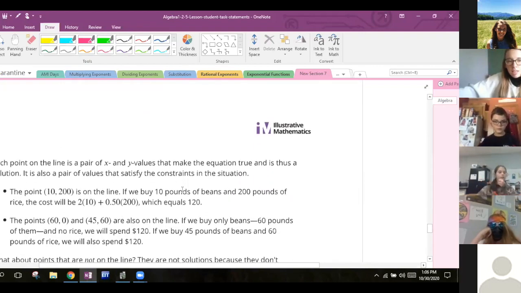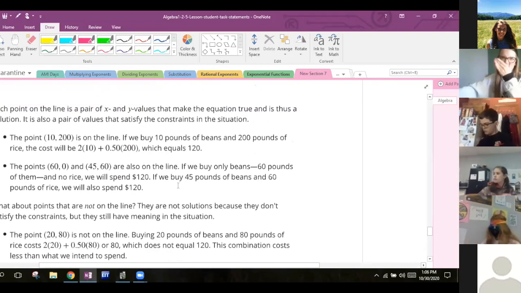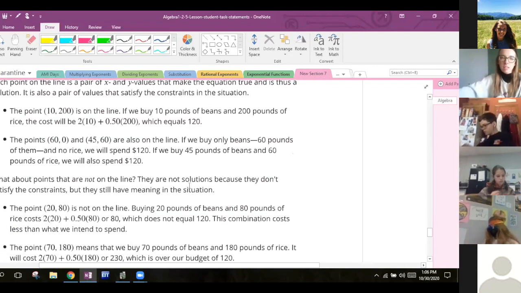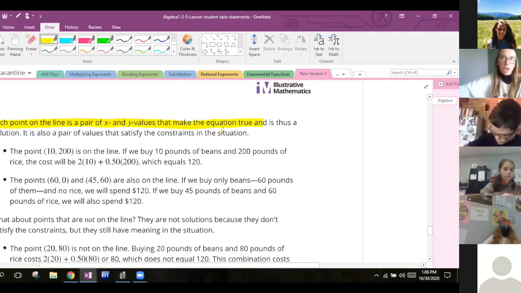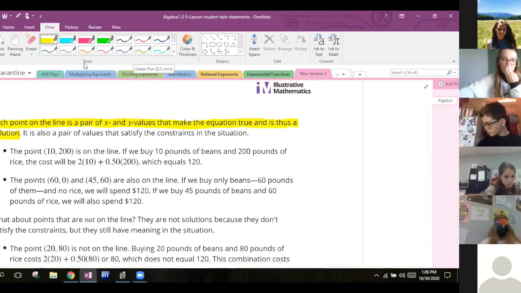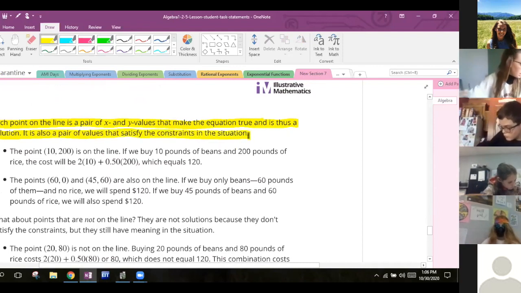And then last page, it says each point on the line is a pair of X and Y values that make the equation true. And we know that if it makes the equation true, then it is a solution. It is a pair of values that satisfy the constraints in the situation.